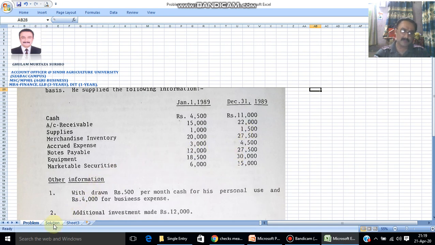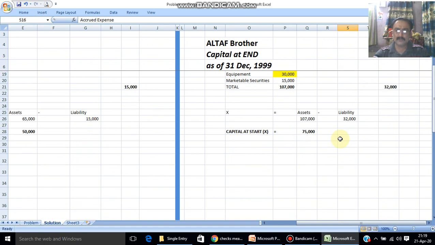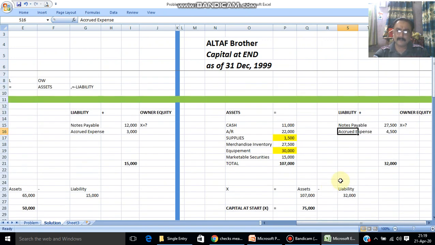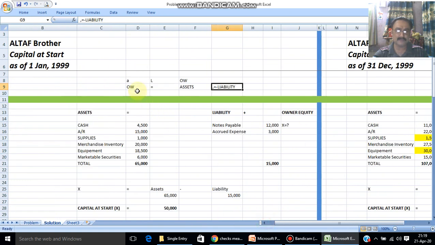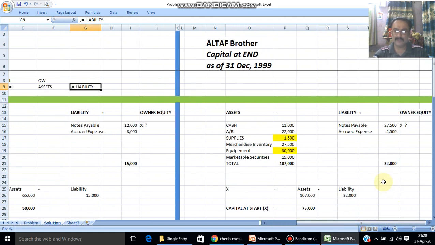Now we are going for the profit and loss account statement. But before that, let me show you that in the same way we have calculated, see over here, we have 1,07,000 rupees total assets, and liabilities of 32,000 rupees, and we have to determine the capital at the end of the business, which I have placed as X. In the same way, as I mentioned earlier, in this equation owner's equity will be equal to assets minus liabilities. So we have assets of 1,07,000 rupees and liabilities of 32,000 rupees.